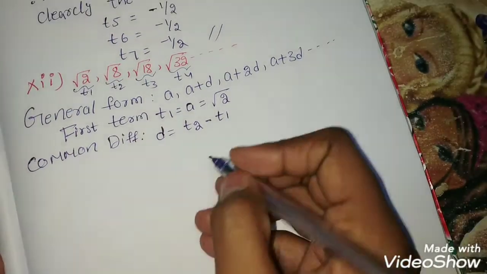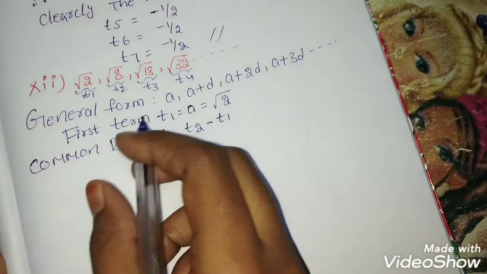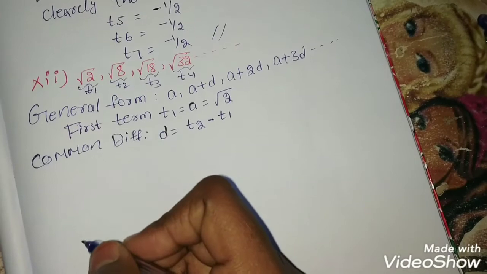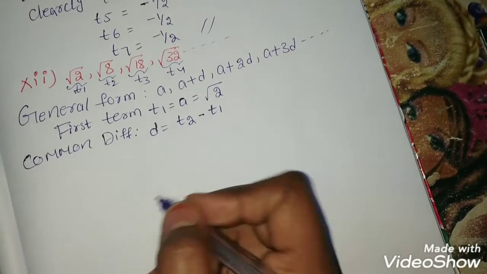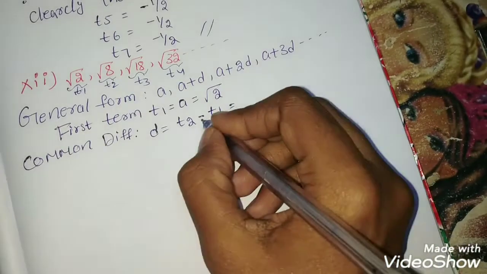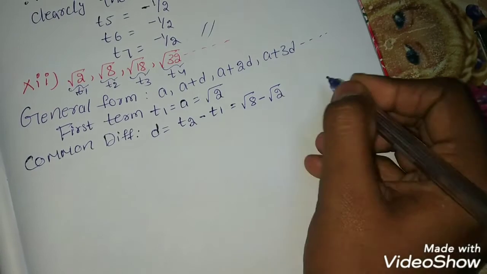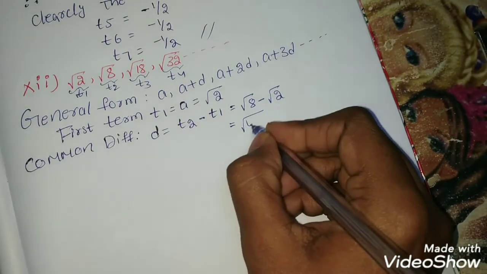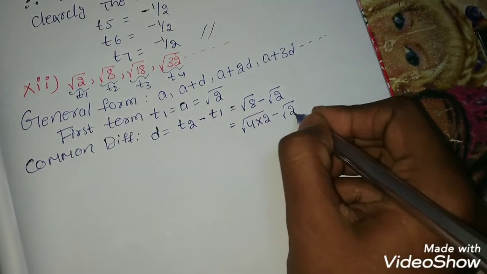Next question. Root 2, root 8, root 18, root 32. So on seeing this, students will think, oh my god, they are giving it in root values, how can we do it? So don't be nervous, it's very easy and very simple. Let's check here. So what is T2 here? Term 2 is root 8 minus term 1 is root 2. So why don't we write root 8 as root of 4 into 2, right? 4 twos are 8, minus root 2.